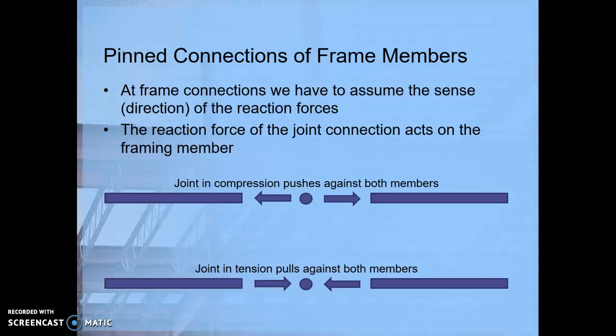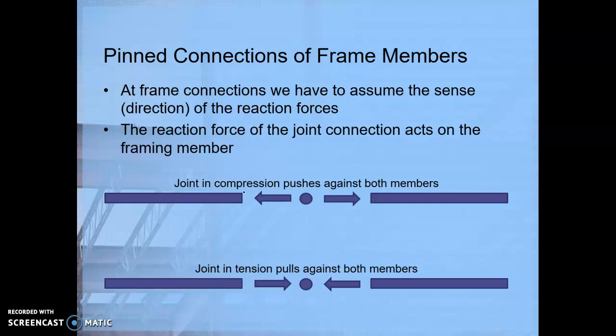How do the joints affect the frame members? And so it's not perhaps as simple as truss analysis. As I look at this diagram I have here, I don't know that it's quite this simple here with a joint pushing out in both directions.